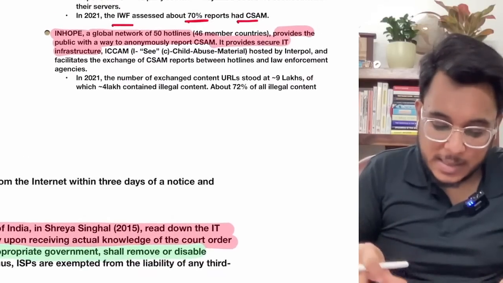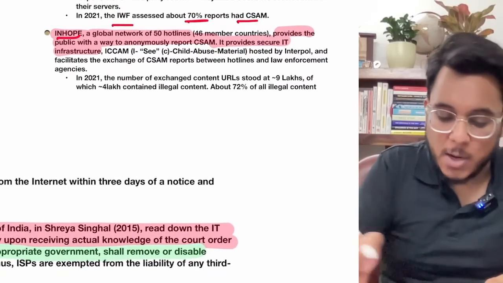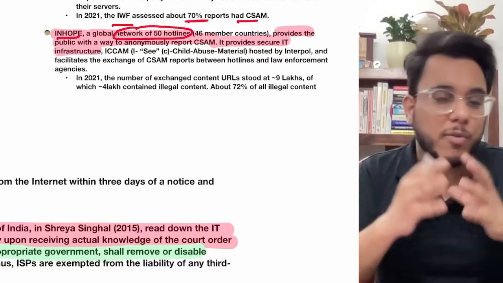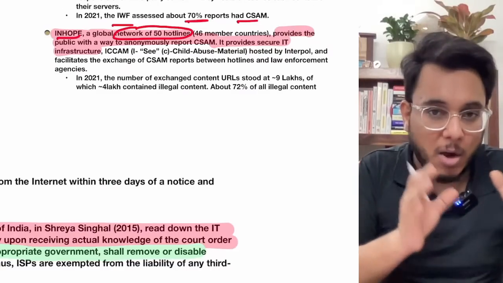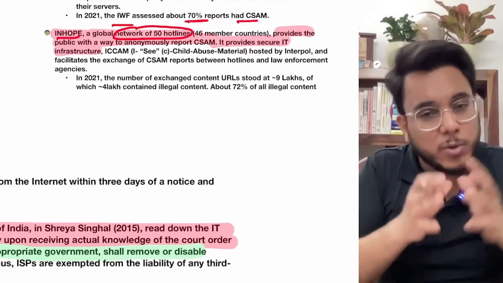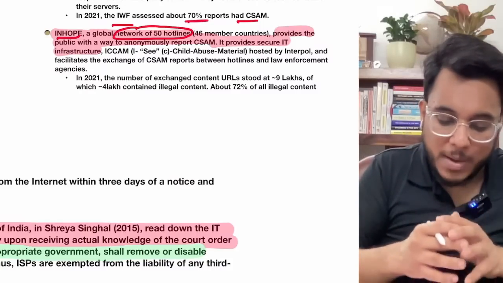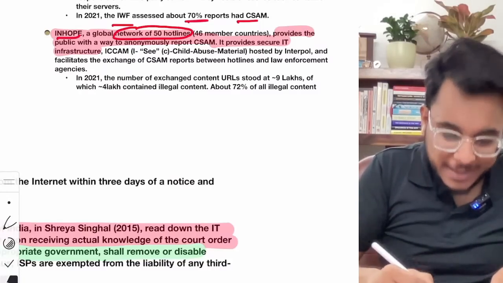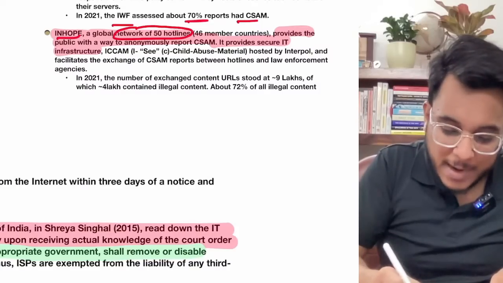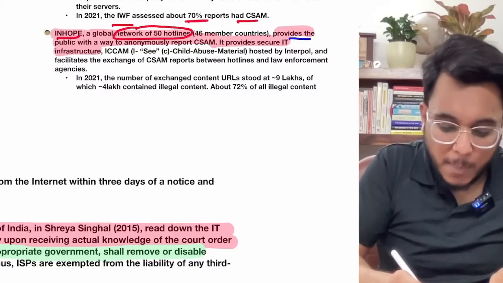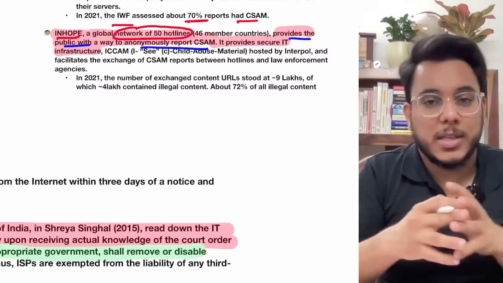Apart from that, there is InHope. InHope is a global network of 50 hotlines. 46 member countries are running the hotlines, and it is a grouping of all those 50 hotlines across the 46 countries. In InHope, the member countries provide a facility where the public can anonymously report CSAM.